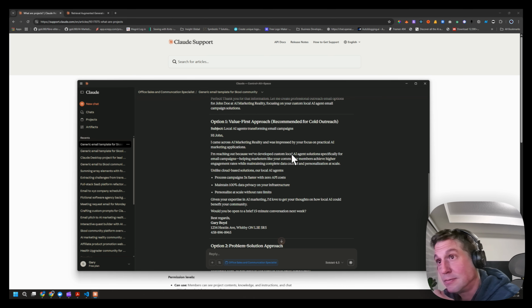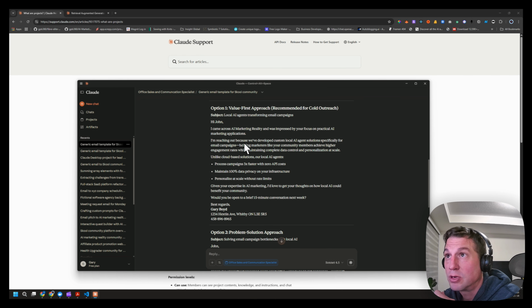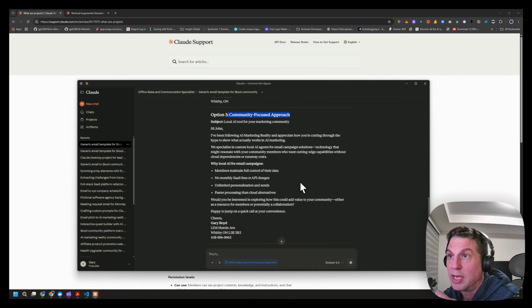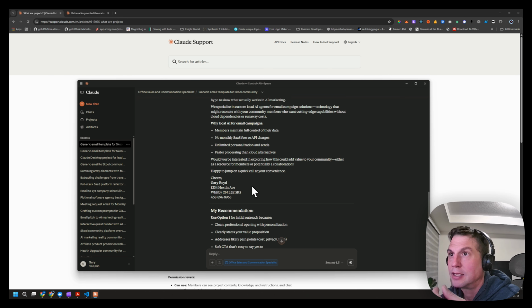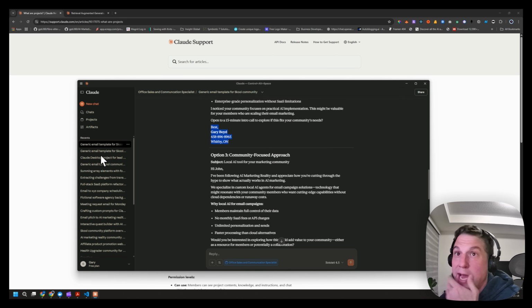And if you look, we have a problem and solution approach, a value first approach, a recommended outreach, and a community first approach. So it came up with three options based on its professional way of doing emails. And every one of them is tagged with the address and personal information that I put into the RAG system.